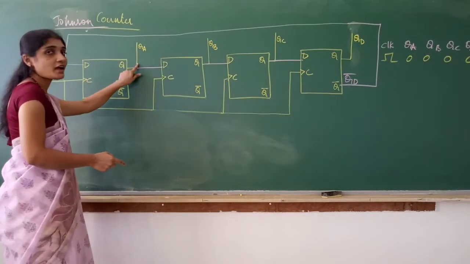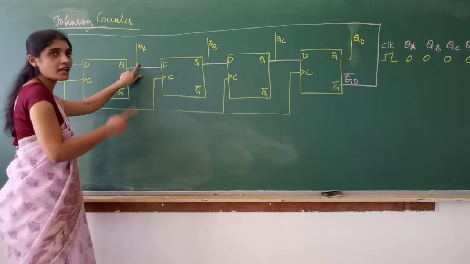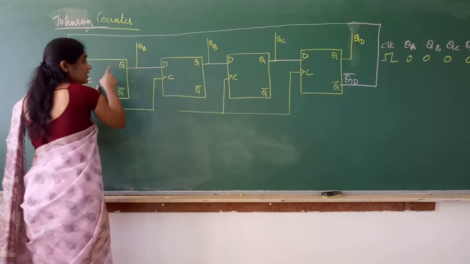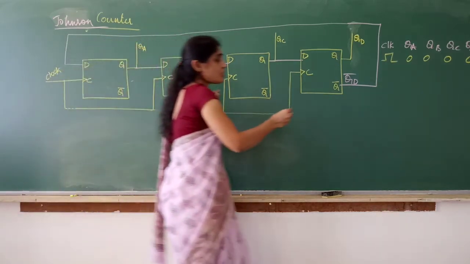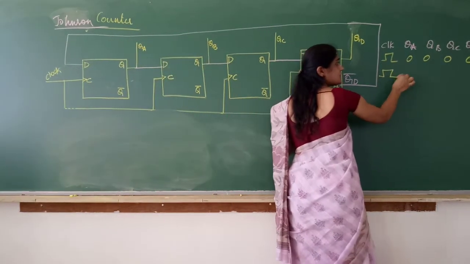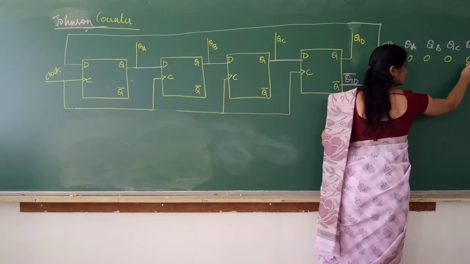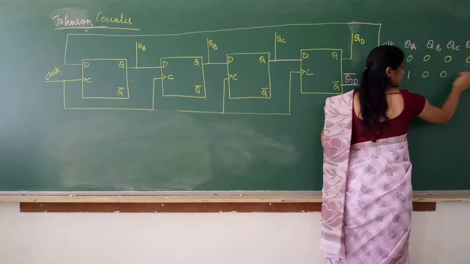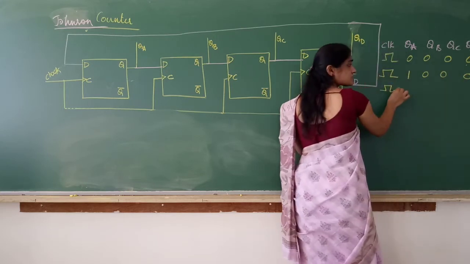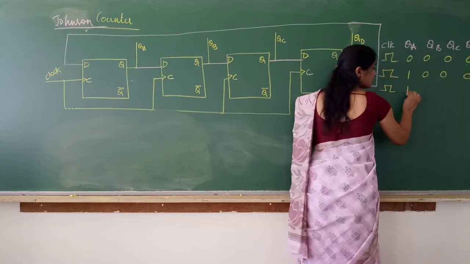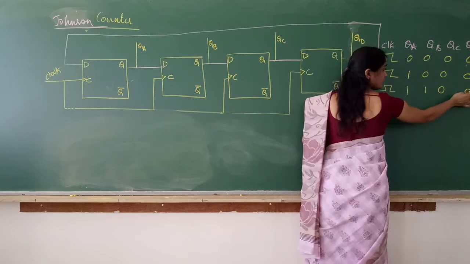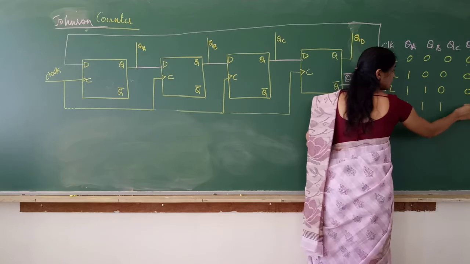So what is QA upon the occurrence of the next clock pulse? 1. Why? Because QD bar is now the input for the first flip-flop. So upon the next clock pulse, QD bar is 1, so 1 will come here and these will shift. Next pulse, again 1, these will shift. Next pulse, 1. So 1, 1, 1.